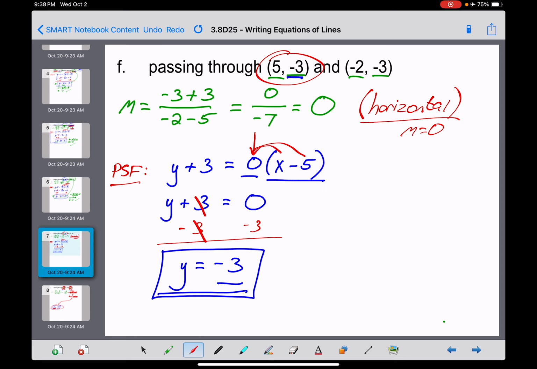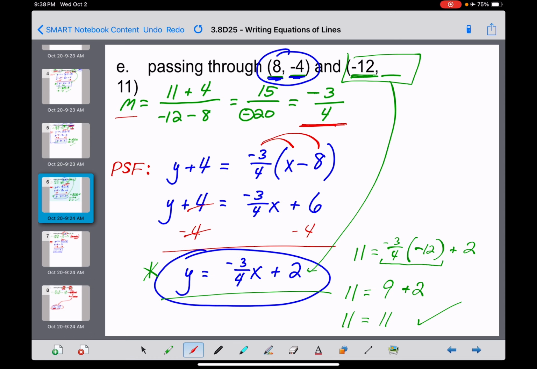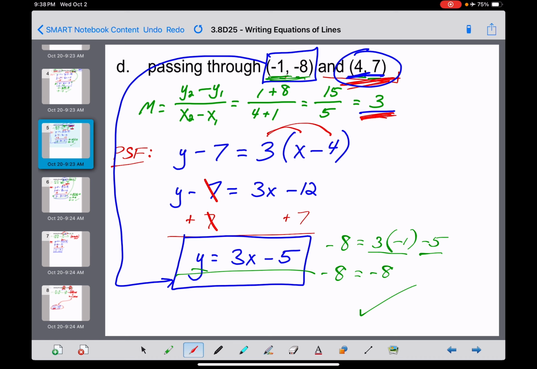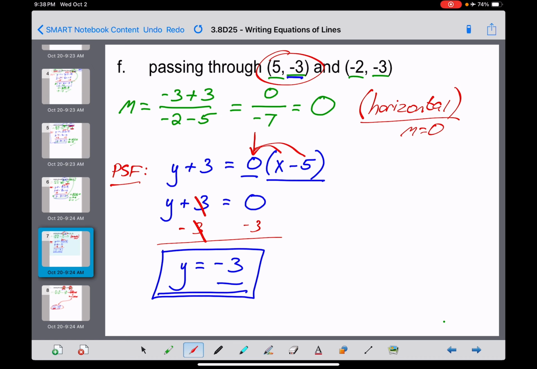So horizontal lines, which we did here in F, and vertical lines, which we did here in G, are actually much less work than everything that we were doing before this, guys. But to be honest with you, students in geometry tend to do worse on these problems because they're a little bit unusual.